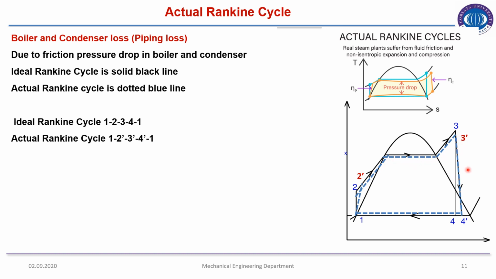And 3 dash to 4 dash is the turbine work, and 4 dash to 1 is the condenser heat rejection. Here in the condenser, you can see the pressure drop or piping loss as well.